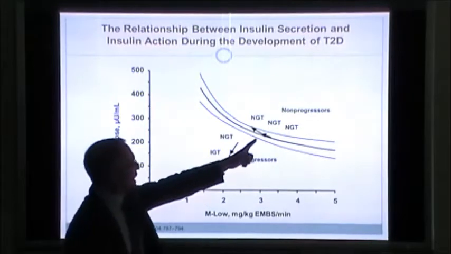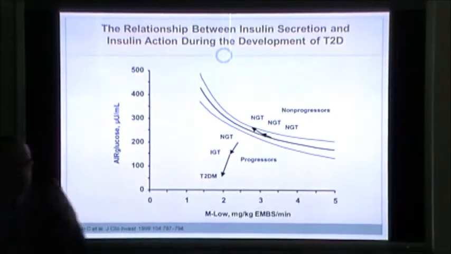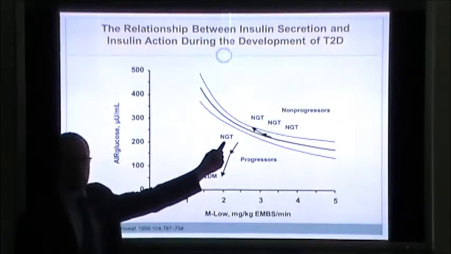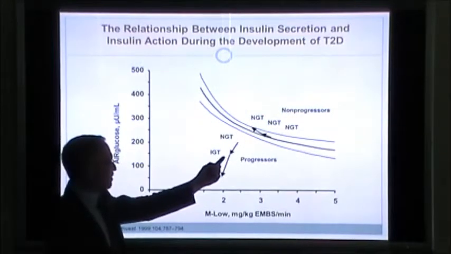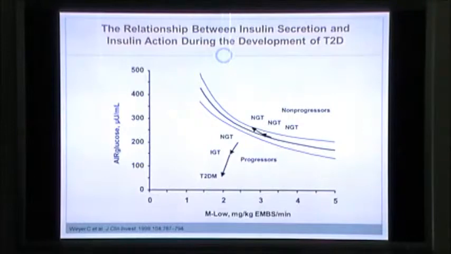If they are unable to maintain sufficient compensation for changes in insulin sensitivity, then you begin to lose homeostasis, and impaired glucose tolerance and type 2 diabetes develop. In the past, and still to some extent now, there's been a lot of attention paid to insulin resistance as the primary driver of risk for type 2 diabetes.